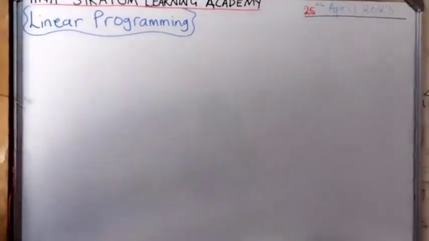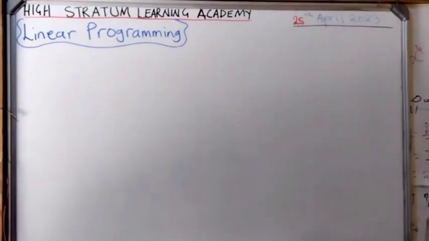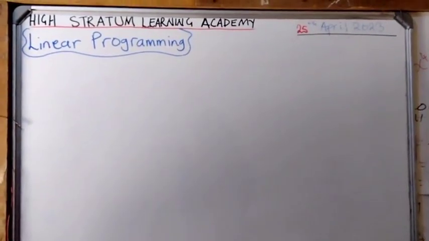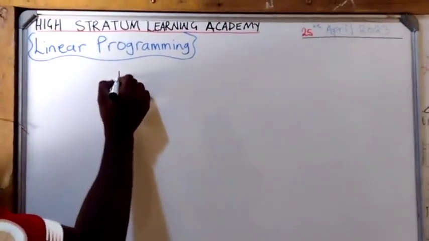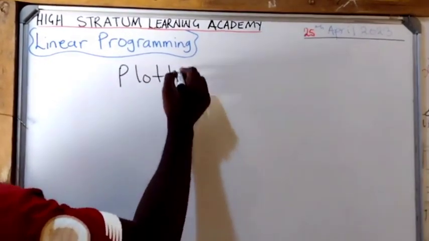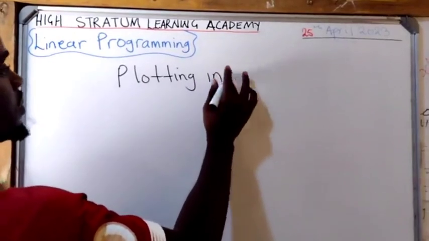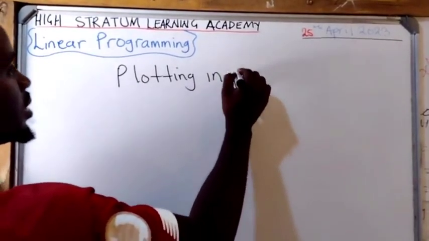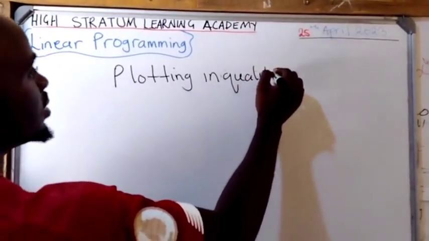All right, so we have understood now those symbols, the type of lines that we are supposed to come up with. So let's look at plotting inequalities.